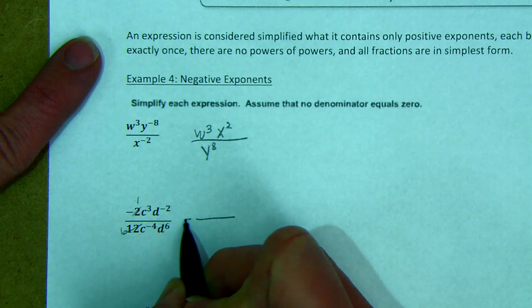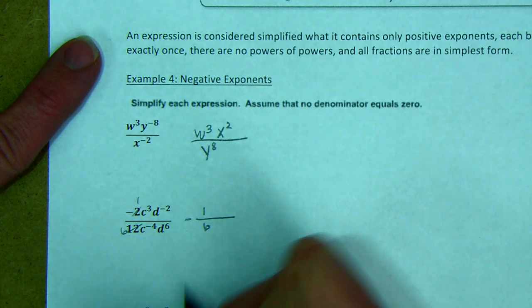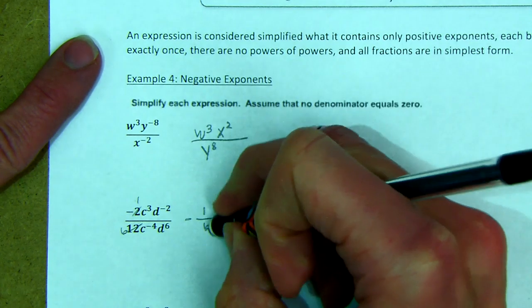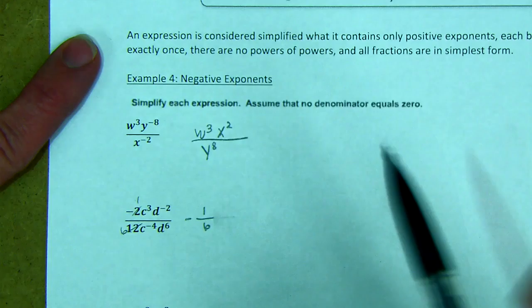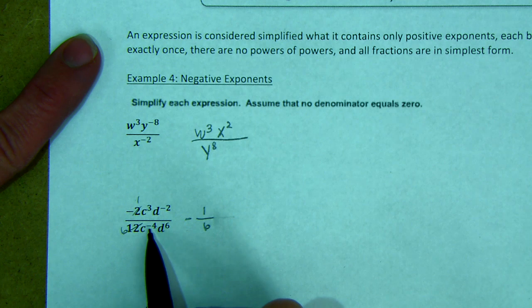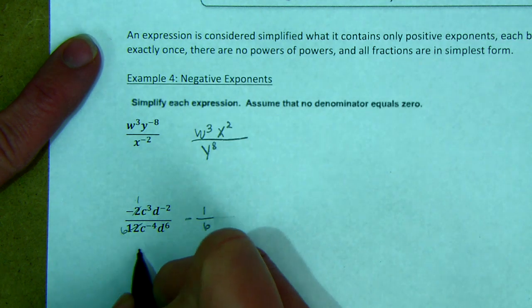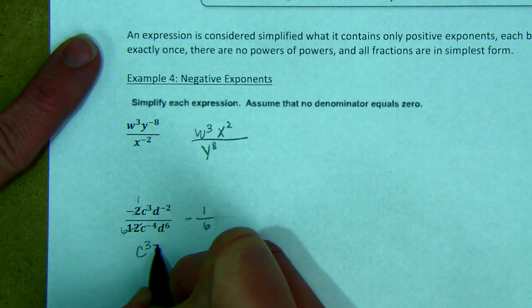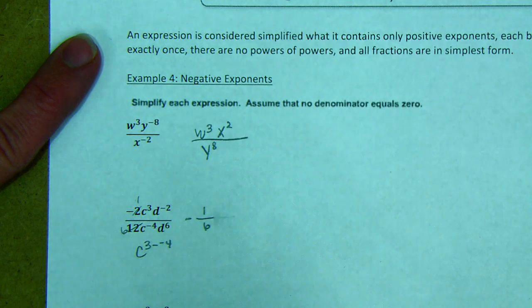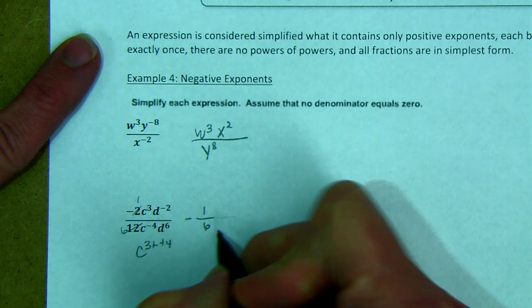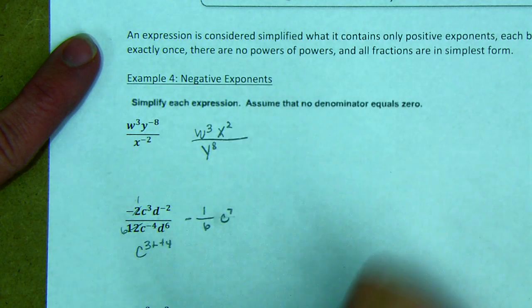So we have a negative 1 over 6. I'm just going to make that a fraction, negative 1/6. 3 minus a negative 4. Remember, we subtract when we divide, but when we subtract a negative, that's really plus. So it's c to the 7th.